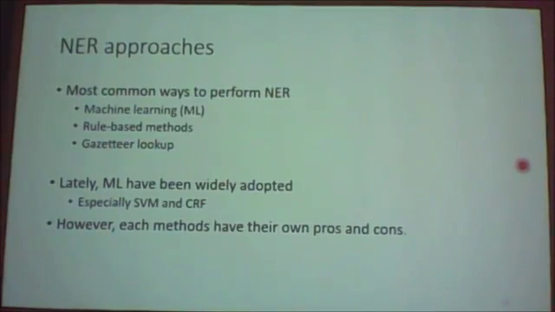Okay, from the table we can see that for NER, the main approaches are machine learning approaches, rule-based methods, and gazetteer lookup. For those who don't know what gazetteer lookup is, it's basically a list of words inside a dictionary, on which you run keyword search.